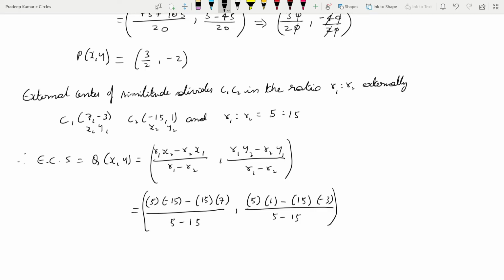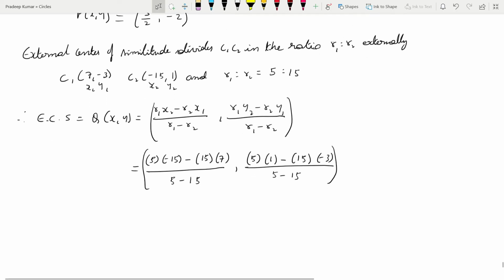When we multiply 5 into 15, we get 75. So let's write these values. That is 5 into 15, that is minus 75, minus 15 into 7 if we multiply, we get 105, whole by 5 minus 15, which is minus 10, and here this is 5 ones 5, minus into minus plus, so this is 15 into 3, we will be getting that as 45, whole by minus 10.